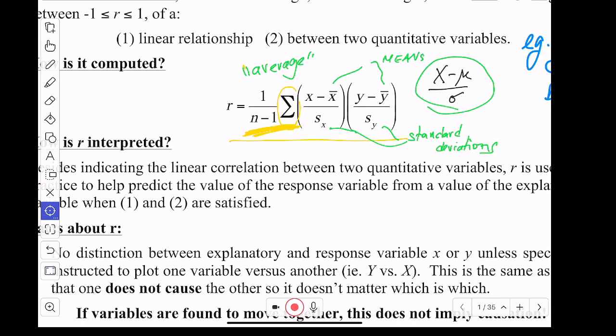Is it above or below? It's all being captured by standardizing relative to the mean for each of the values. Look what's going to happen here. When x is above its mean, so when the relationship is positive, R should be positive.